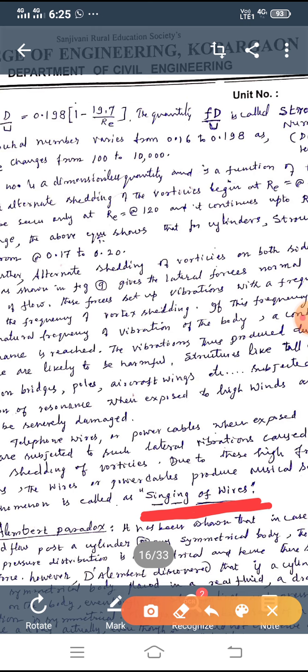They are produced when these power cables or telephone wires are exposed to heavy wind. They are subjected to lateral vibrations. Because of that, they produce some musical sound that is known as singing of wires.